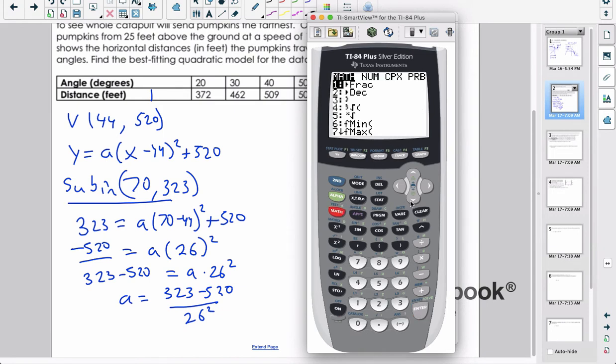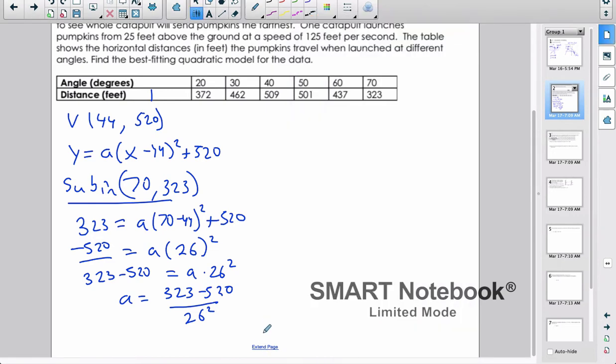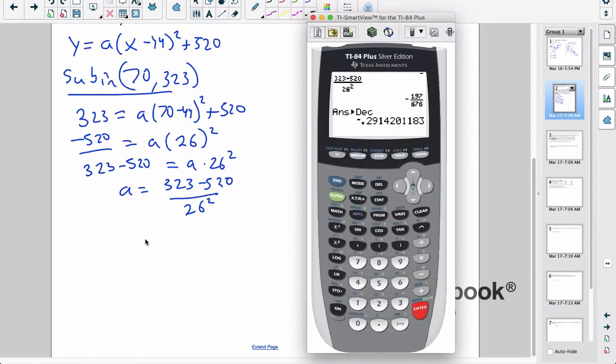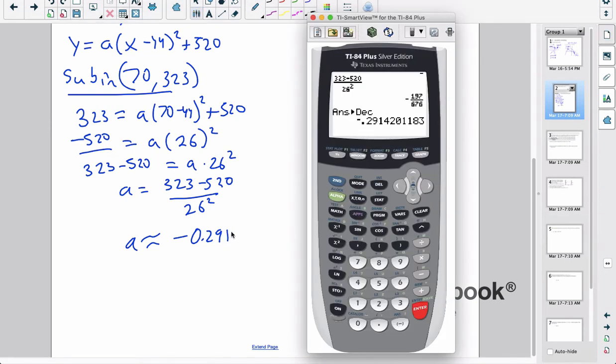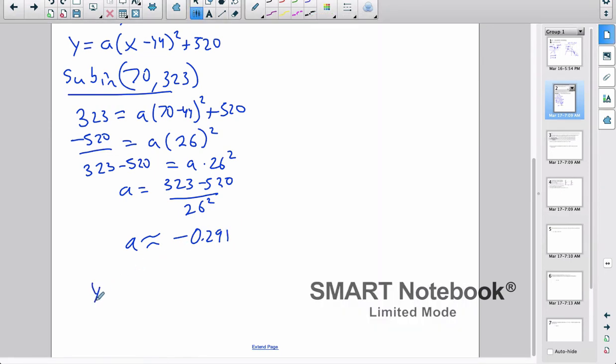Go to math, decimal. Often with modeling we use a decimal instead, because it is just an estimate. We don't need to be exact. So a is about negative 0.291. Our final answer is negative 0.291 times x minus 44 squared plus 520.